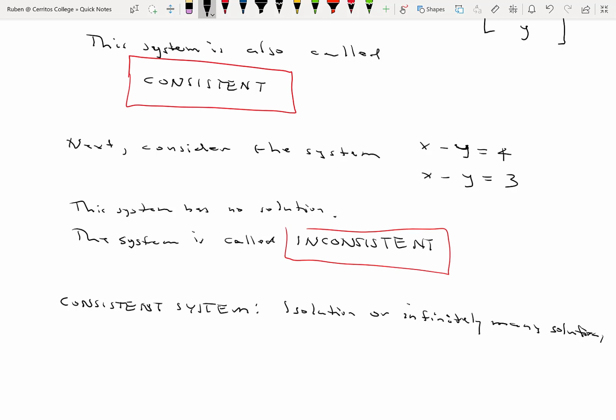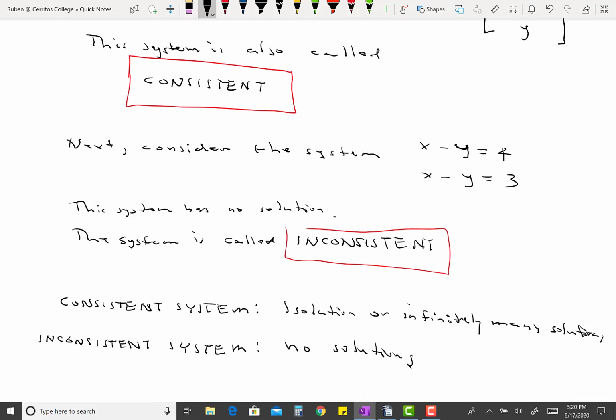And inconsistent systems have no solution. I'm having a hard time spelling inconsistent. Inconsistent systems have no solutions. Okay.